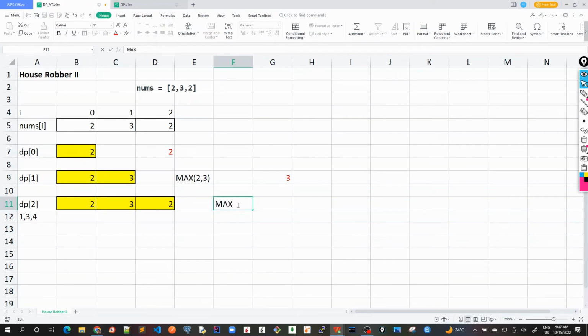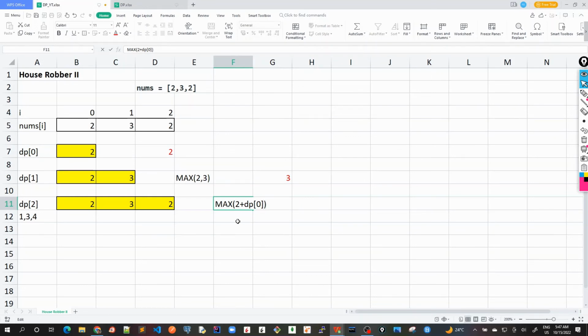The first condition was that if I'm planning to rob this house, in that case I can rob this house plus whatever was there before this index here, so everything before 2 and beyond it. So it would be DP of here, because it's 0. So this is our first condition. Or better, I can write this as a formula.